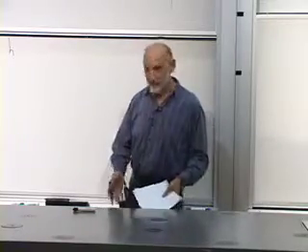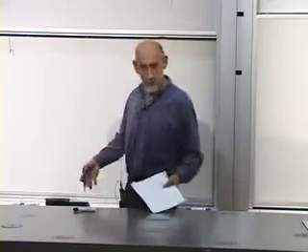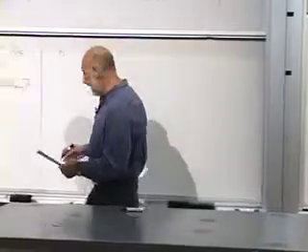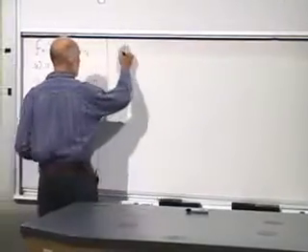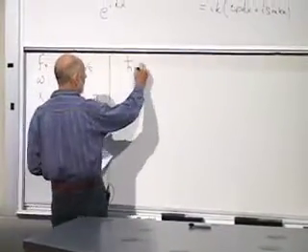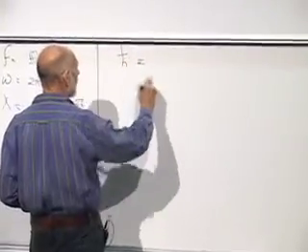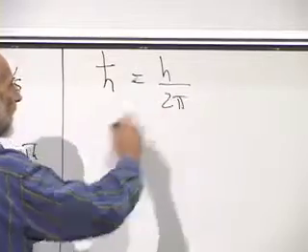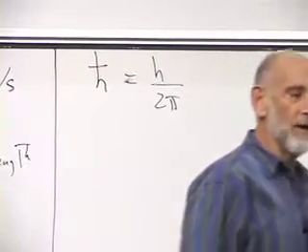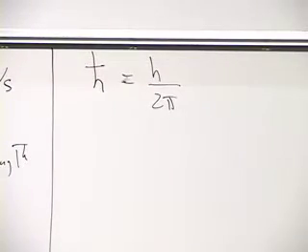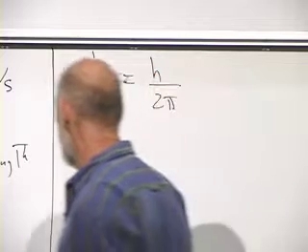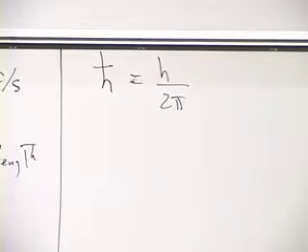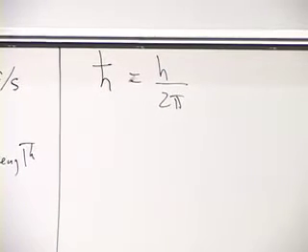But they always come up, and there's just no escape from 2 pi's. You're always going to have them. I will simply save 2 pi's by sometimes using h and sometimes using h bar, trying to keep the number of 2 pi's to a minimum.